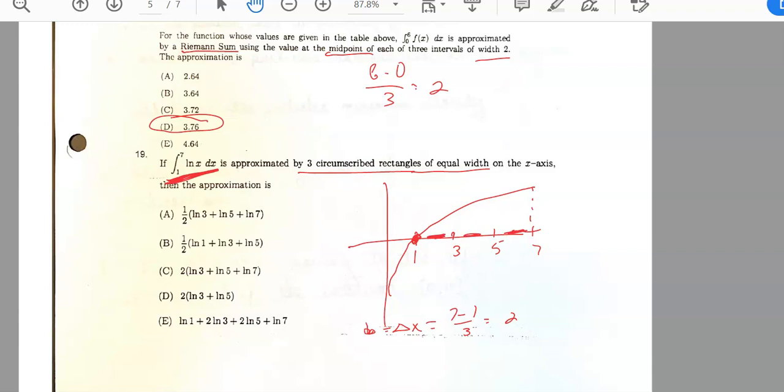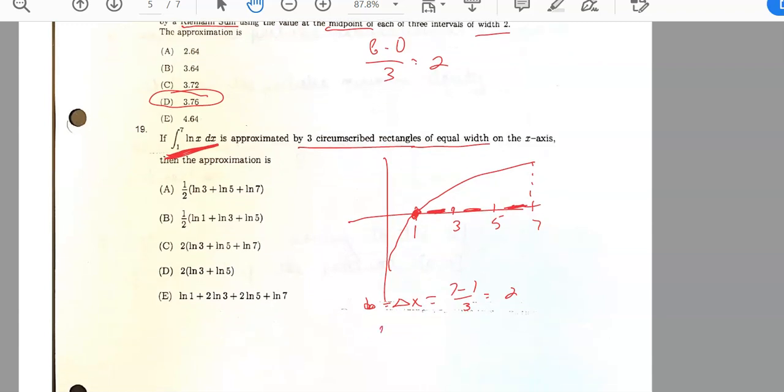If we went ahead now and figured out what those are, for rectangle number 1, the base is going to be 2 for all of them. And if we drew our rectangle so that it is circumscribed, that means we'd have to hit with the right endpoint to cover this first base. We would get a functional value of the natural log of 3. For rectangle number 2, our base is 2.